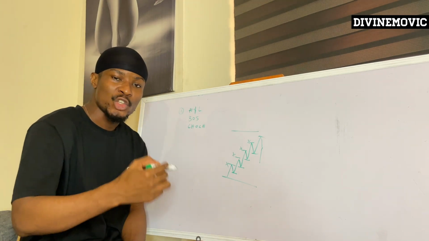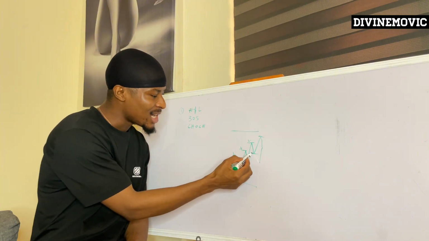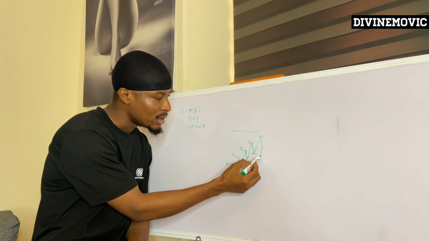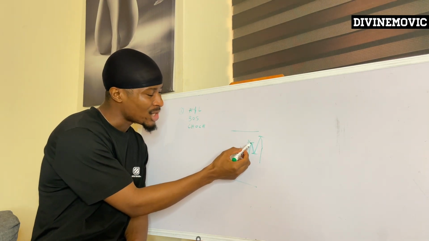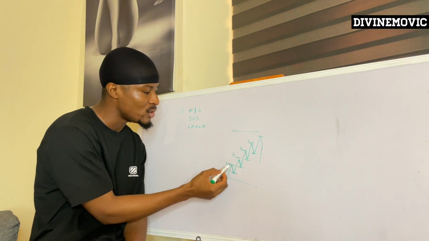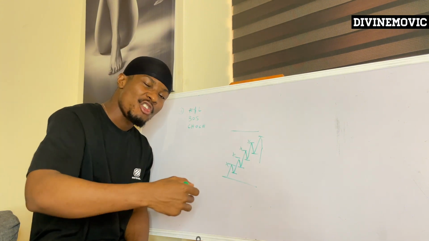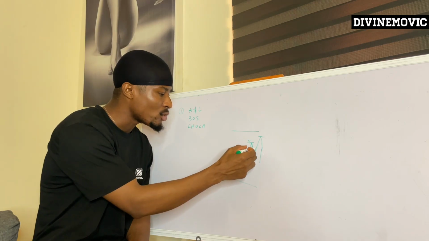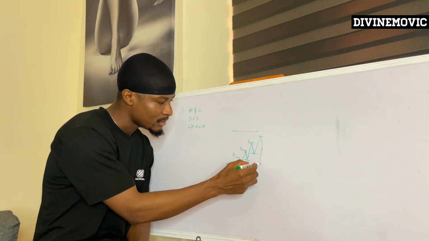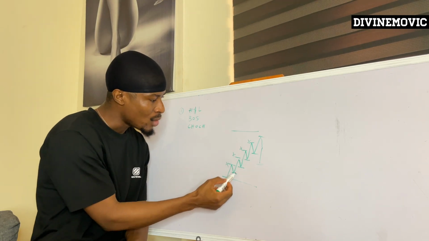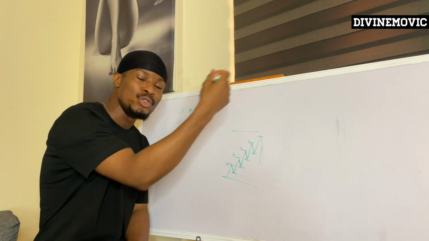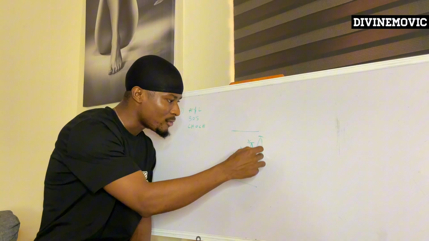And it is confirmed when price takes out the previous swing low, right? Remember, price was creating new highs, new highs, new highs. But change of character occurs when price gives us a new low, which is not here. This was a low, and price was meant to give us a new high, but instead price gave us a new low.